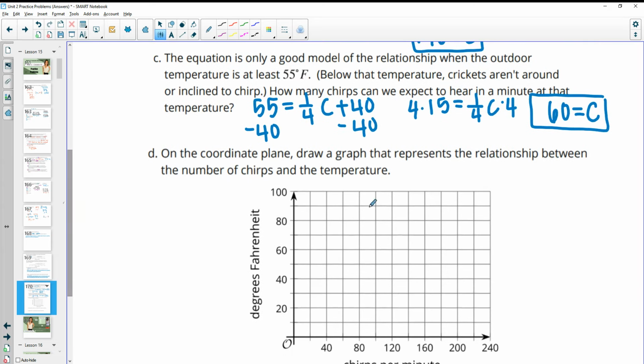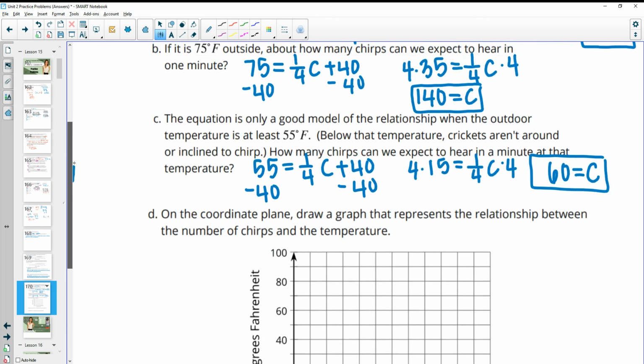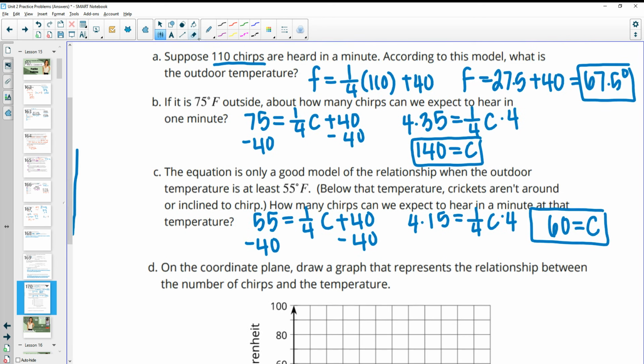Part D wants us to actually plot this situation, so graph this situation. Now, we did just do 3 different solutions, so if we write these as ordered pairs, we'll be able to plot them. So remember, we want the chirps and the degrees. The chirps is our horizontal axis, the degrees or the Fahrenheit is our vertical axis.